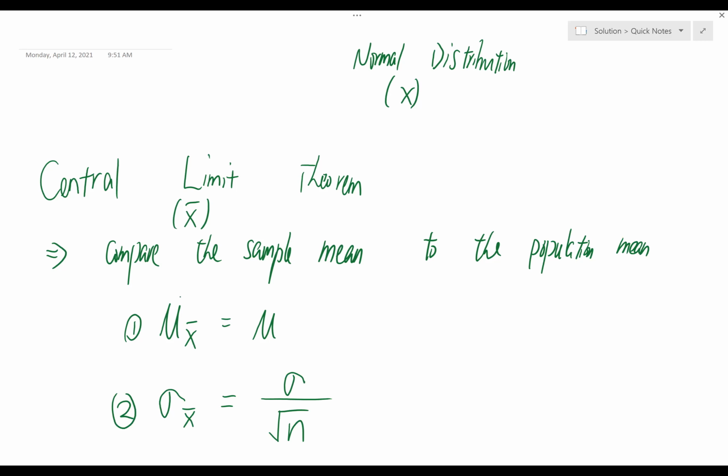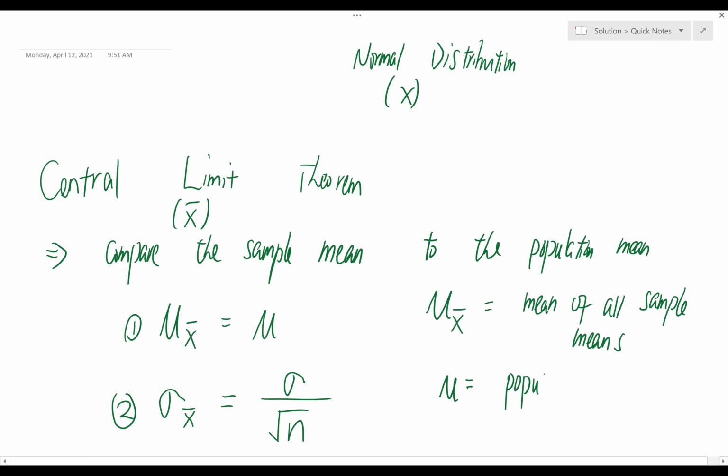And this term, mu of X bar, is what we call the mean of all sample means. And mu is just basically the population mean, right? Population average.